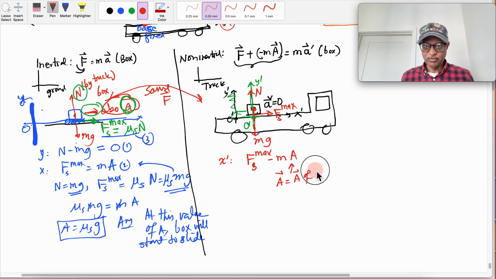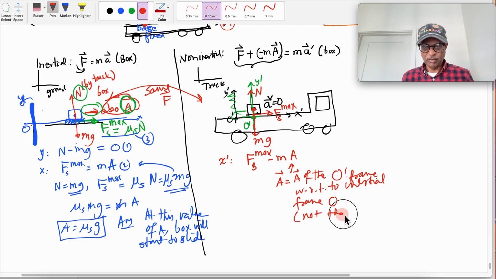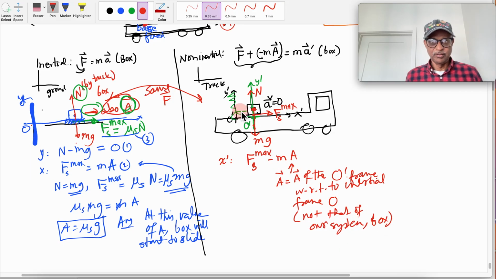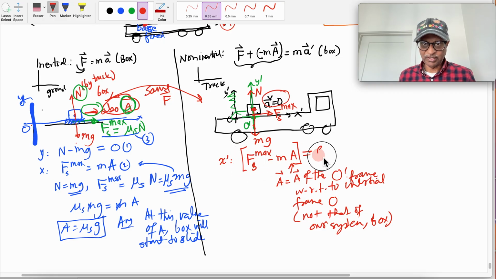So A is the acceleration of the O prime frame with respect to the inertial frame, not that of our system, which is the box. The box is at rest in its frame, so this right side is 0, acceleration 0.